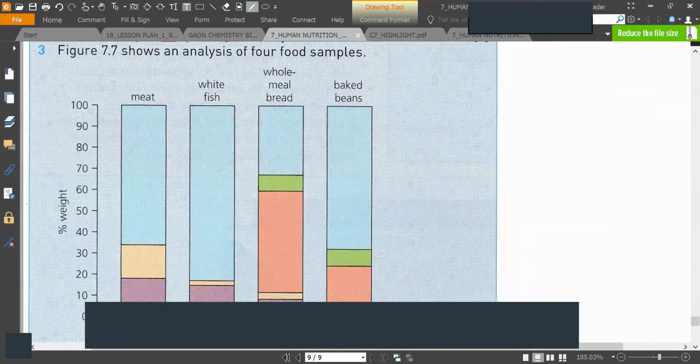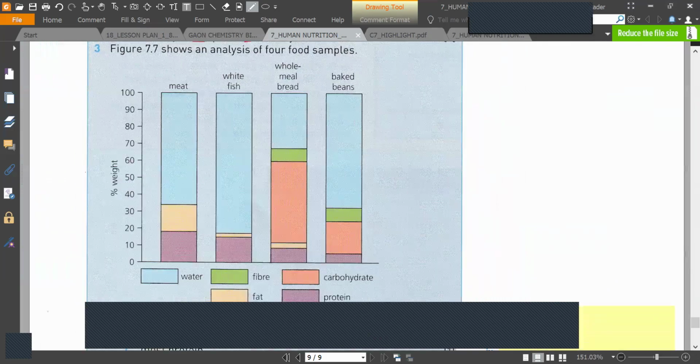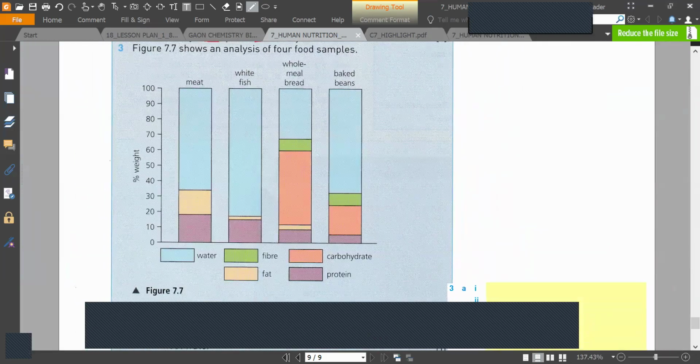We'll take a look. We have different colors. Blue is water, green is fiber, yellow is fat, red is carbohydrate, and protein is purple.